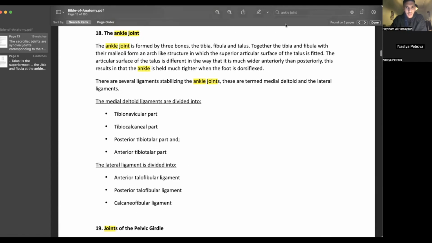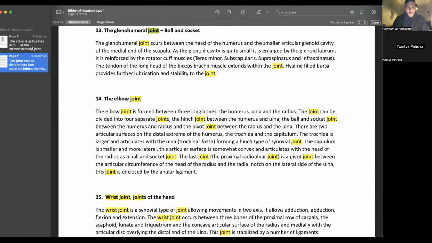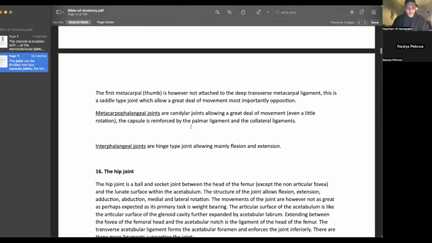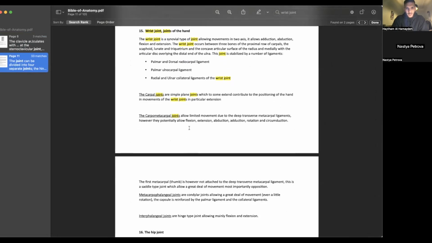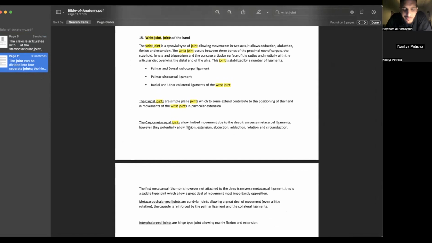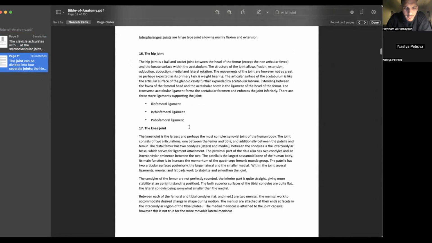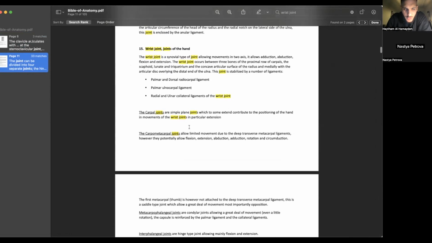Next one I gave you, I think it was the wrist joint. So the wrist joint, it can be hard actually. Okay, let's not start this one.